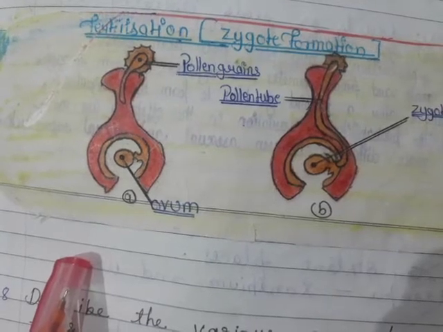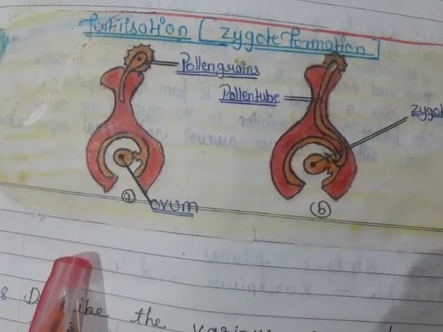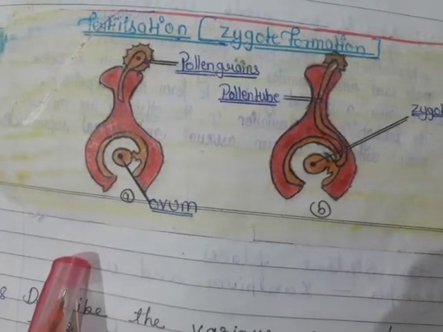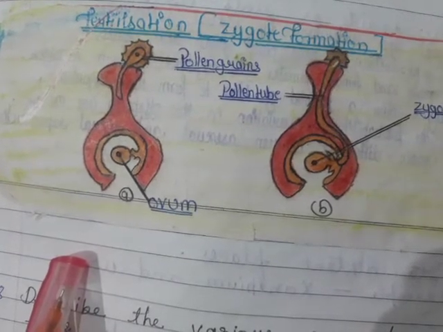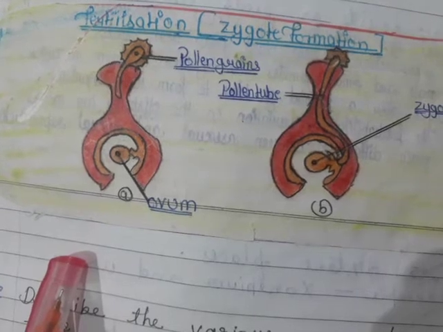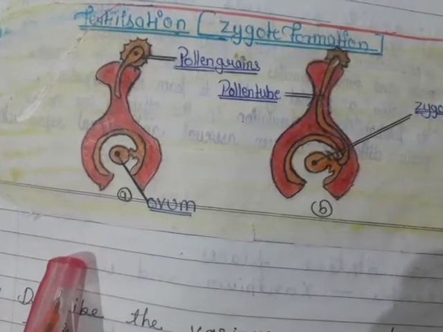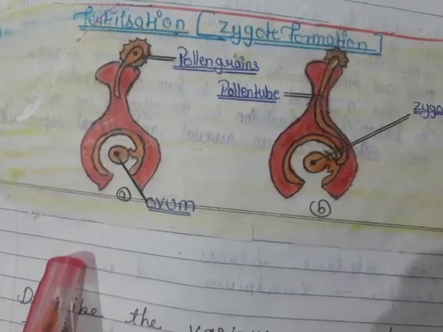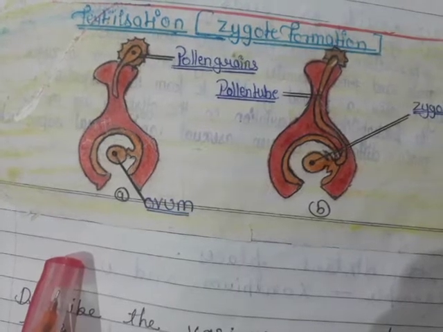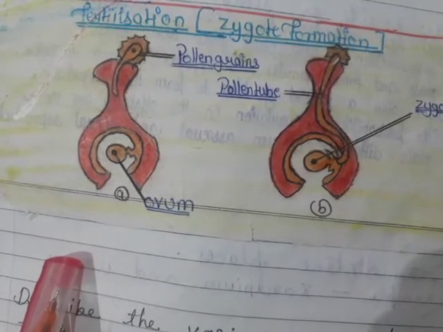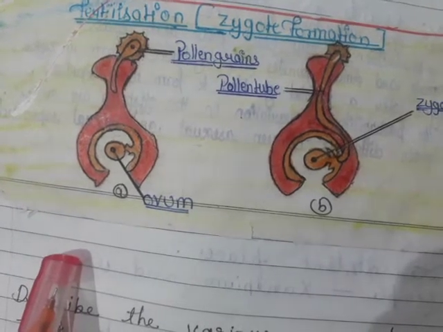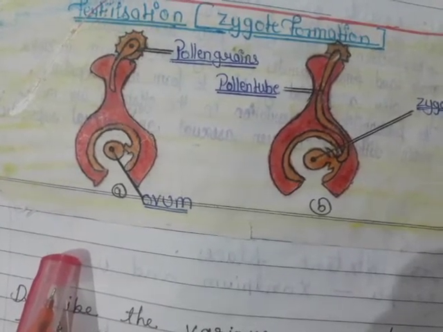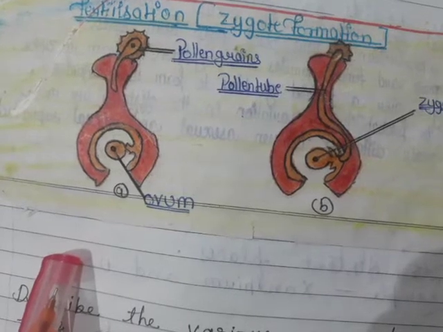Pollination is the process of transfer of pollen grains from the anther of one flower to the stigma of the same or another flower. Pollination is of two types, self-pollination and cross-pollination. In self-pollination, pollen grains are transferred from the anther to the stigma of the same flower.